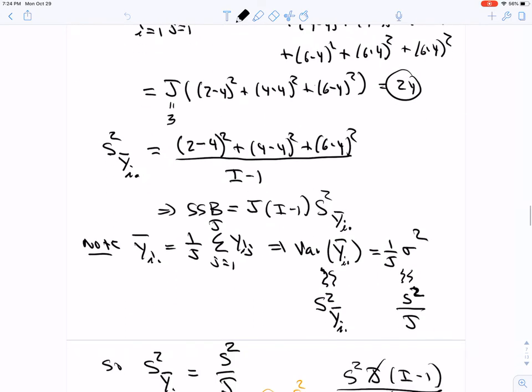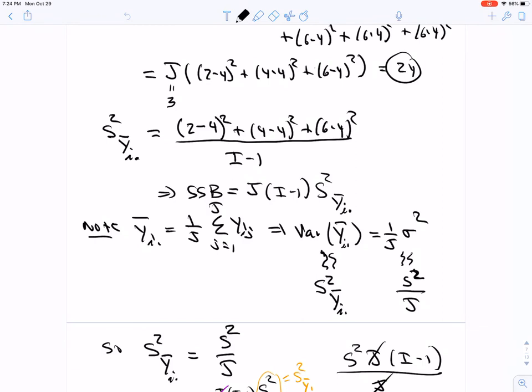There you go. And so notice that the row mean is the average over j. So it's the average of the yij's over the total number of observations in the row, which is j. And so the variance of this, you can approximate two ways.